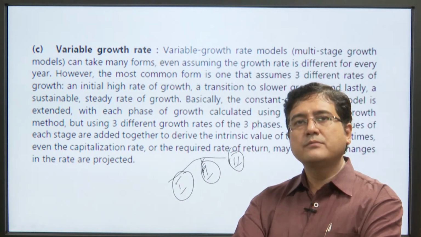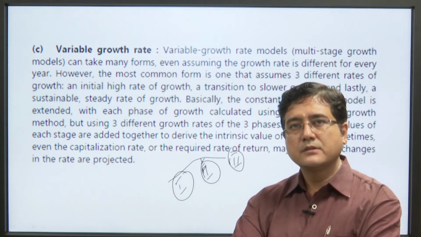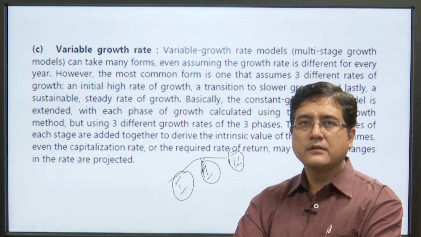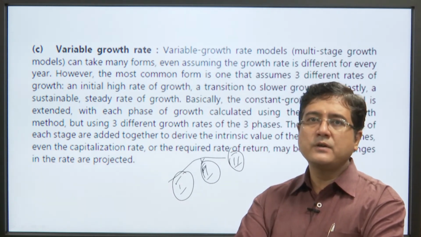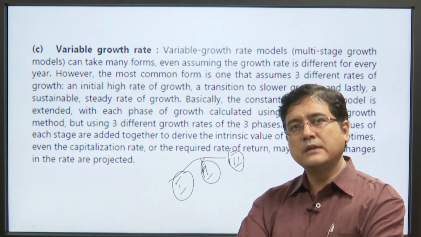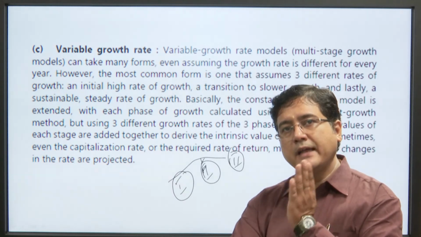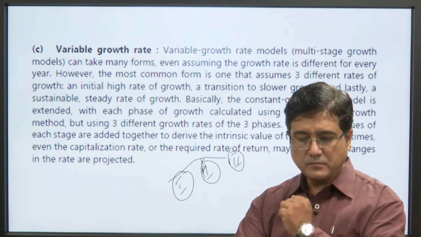Because it is variable, the growth rate can change each and every year. In any year we can find negative growth, zero growth or high growth, so we need to calculate the value of the price every year.